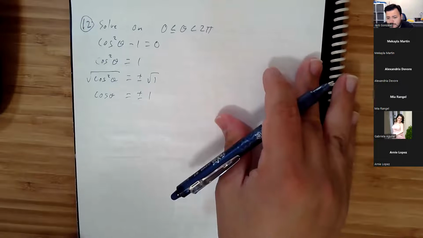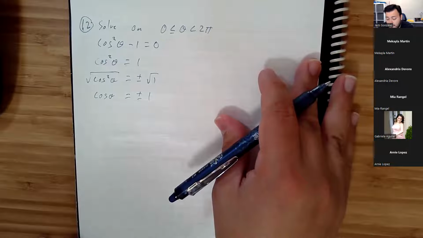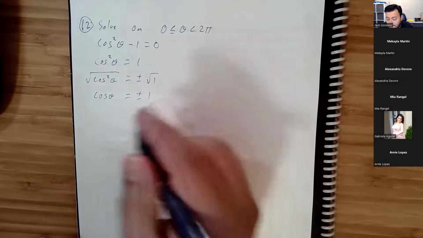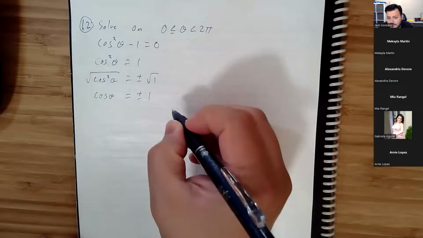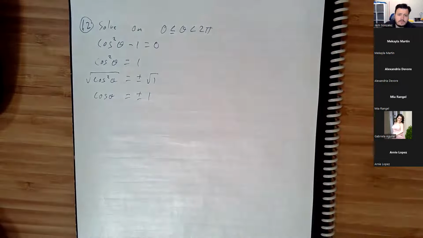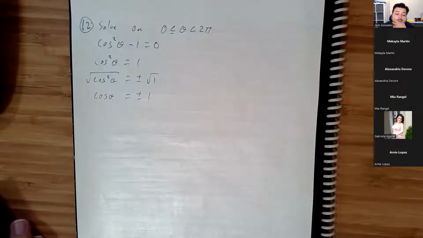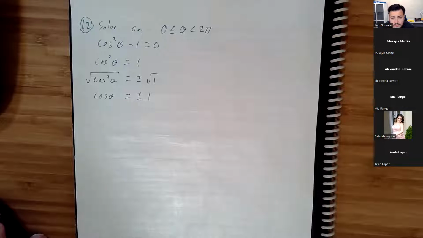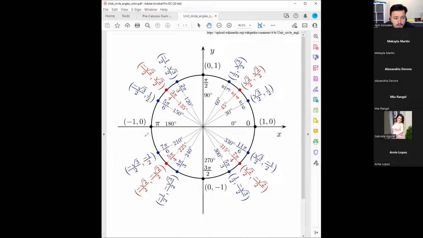So here we could just use the unit circle, right? Where is cosine equal to 1 or negative 1? Looks like there's only 2 spots within 0 to 2 pi. Okay. So cosine is equal to negative 1 here, nowhere else.